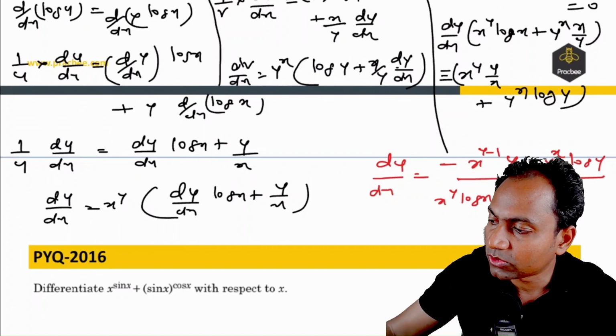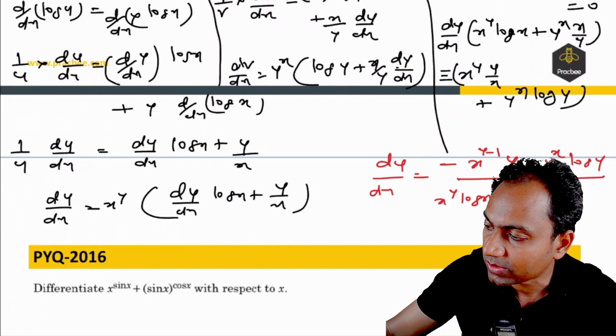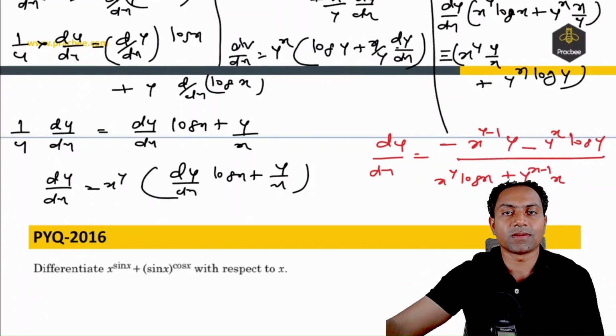This y we can also absorb here, right? x minus 1, y raised to the power x minus 1 into x. So this is the answer that we are getting.